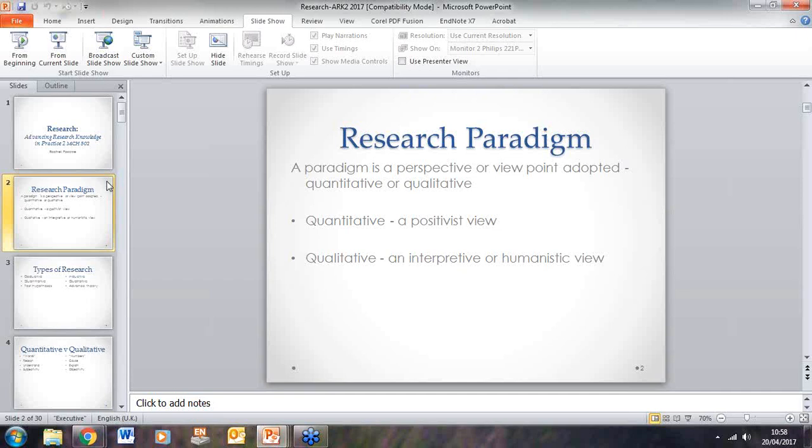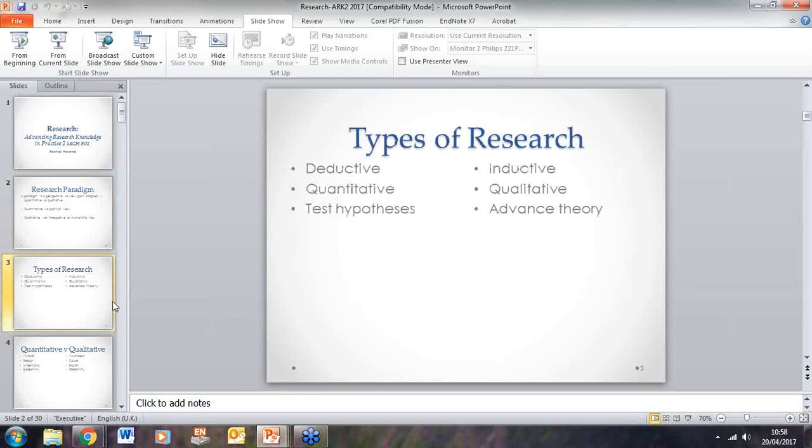And in the literature, you might see it talked about as quantitative and qualitative. To me, that's a little bit basic. At this level, you need to be digging a little bit deeper than just saying it's a quantitative piece of work.